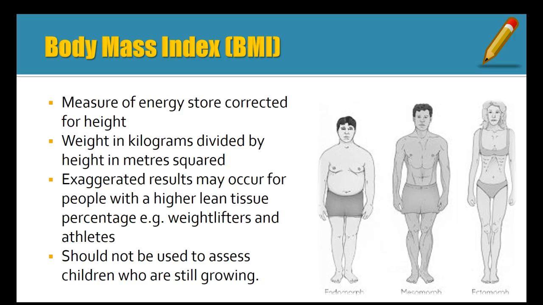So if you're an athlete or a weightlifter, you might be classified as overweight or obese based on a BMI alone because you weigh quite a lot. That's because muscle mass weighs more than fat. So you shouldn't ever use BMI by itself as an indicator of whether you are at a healthy weight or not. And we'll go into that later in one of the other topics.